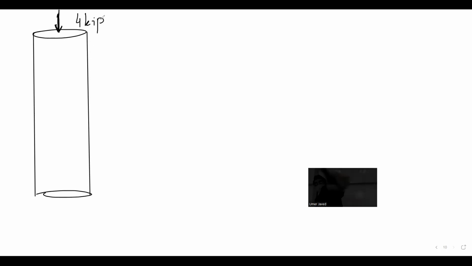Okay, this is where it gets confusing. This is kip, kilopounds. If I had written ksi, that would be kilopounds per square inch. So that's a load. That's why most of us are not a huge fan of this British system of units, but that's fine.